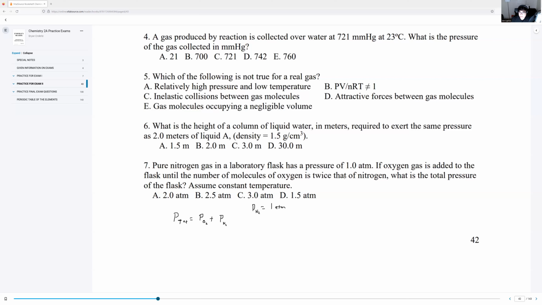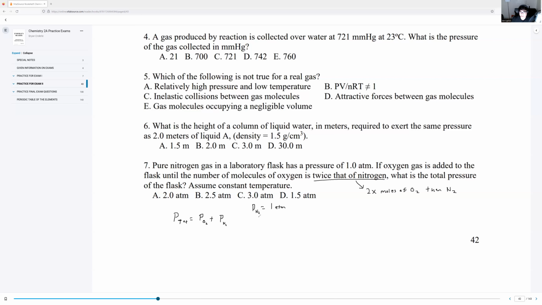So from this statement, I have twice as many moles of oxygen than I do of nitrogen. No, I did not write that wrong. I have twice as many moles of oxygen because I have twice as many molecules of oxygen. Moles and number of molecules are interlinked.